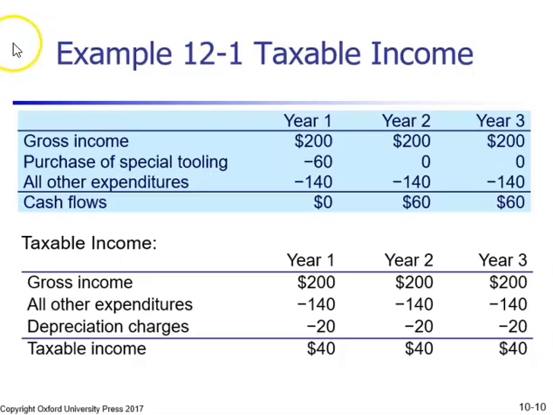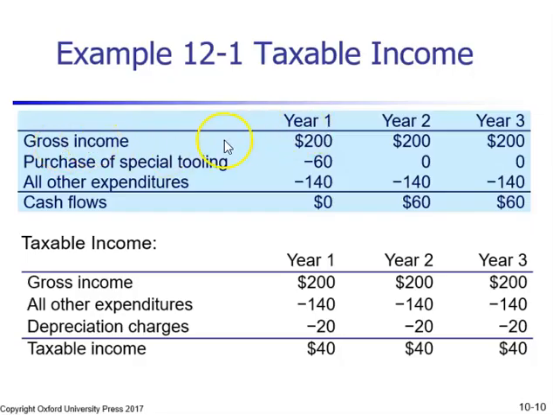When you want to incorporate taxes in your analysis, you will experience what you see in front of you constantly. In the first table, the table at the top, we don't see anything about tax. It is just what we learned together before this topic, before this chapter. We have gross income. The project is 3 years.